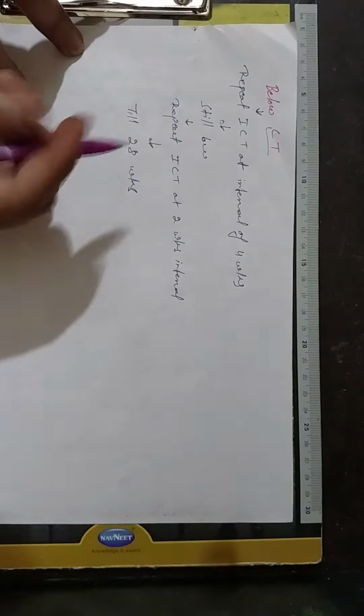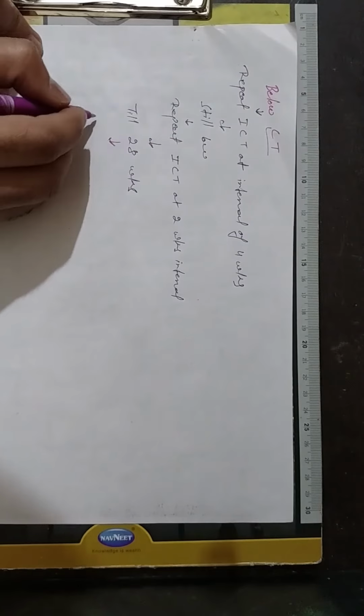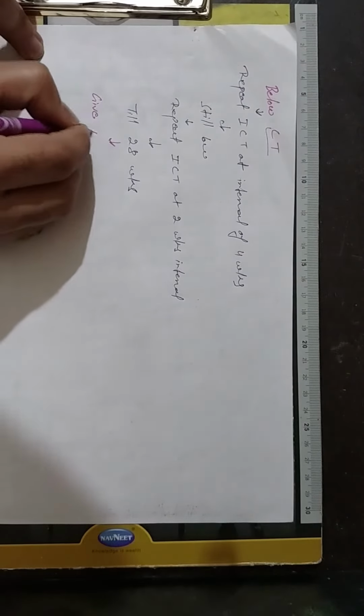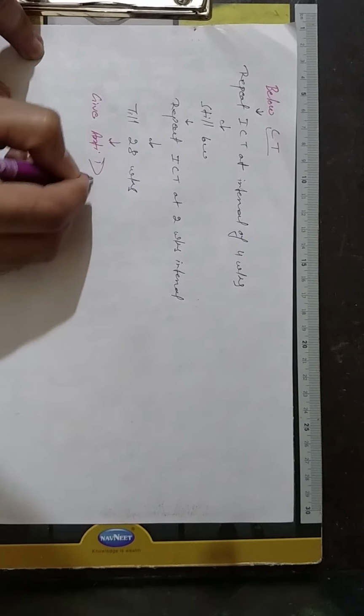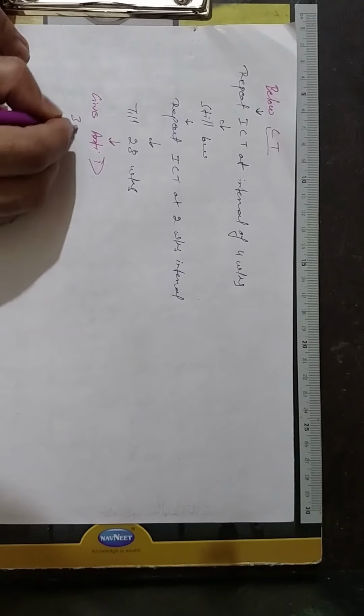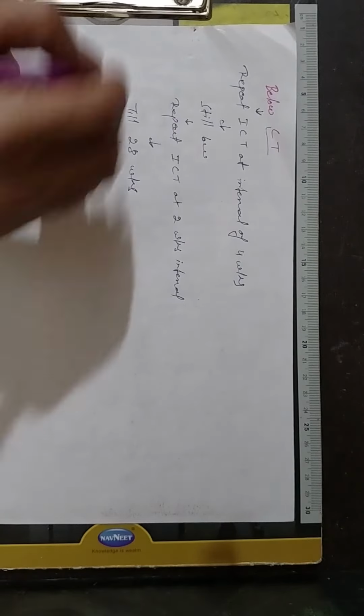At 28 weeks, it does not matter if it is below or above. What do we do? Give anti-D. How much? The same 300 microgram single dose injection.